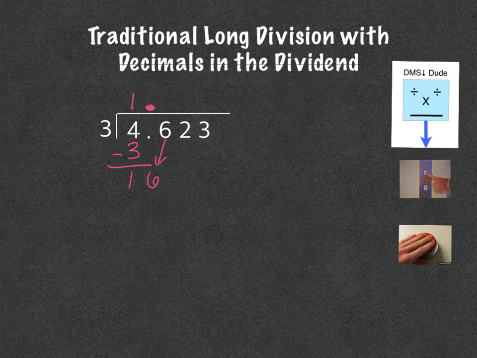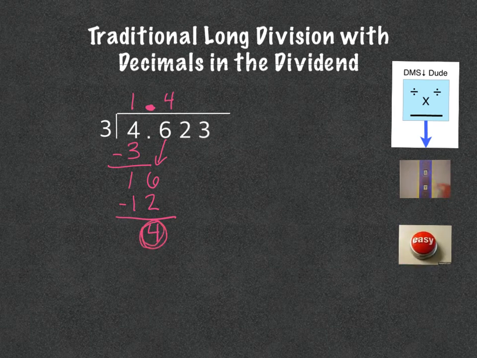Bring down my 6. How many times does 3 go into 16? It goes in 4 times. 4 times 3 is 12. Subtract and I get 4. Hold on. Now, remember, if you ever accidentally get to the point where this number down here, this 4, is larger than your 3, what you need to do is rethink how many times that number goes in there.